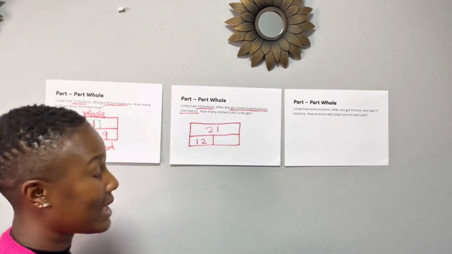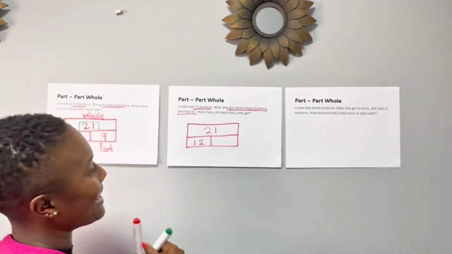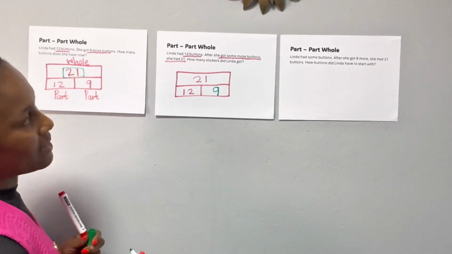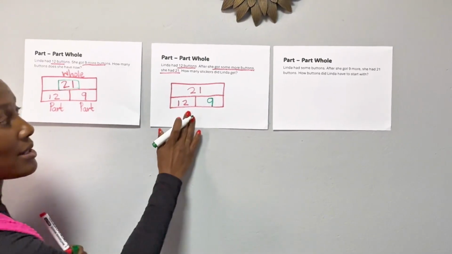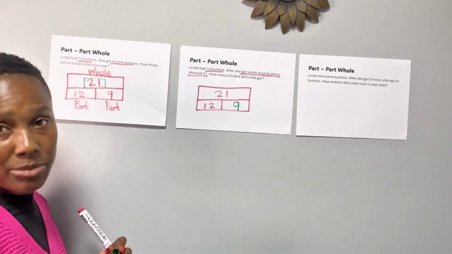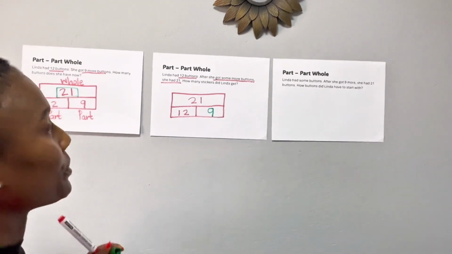The other part that is unknown is a 9. Right, so this is a part whole, change unknown, or the other part unknown.